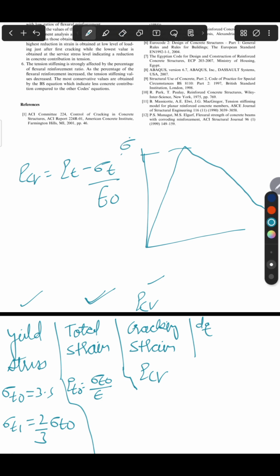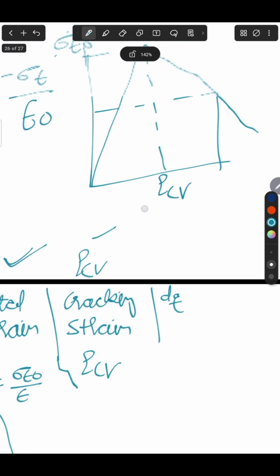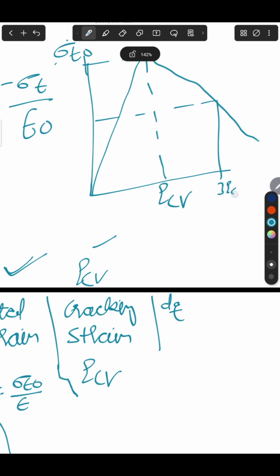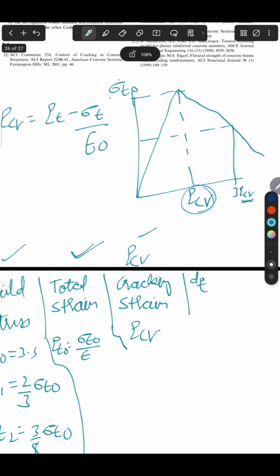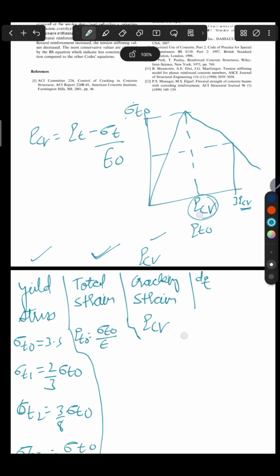Because of nomenclature I got a little confused. And this is ECR. So the corresponding value here is 3 ECR. This ECR is calculated as ET naught. There is some nomenclature difference in this paper.